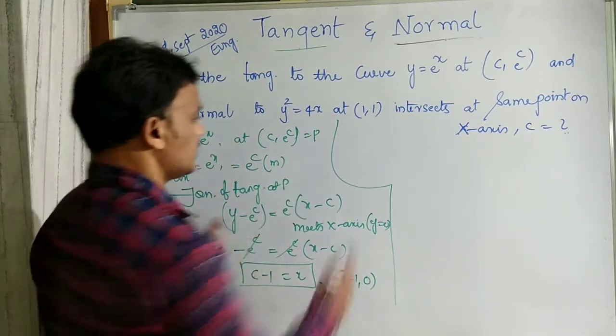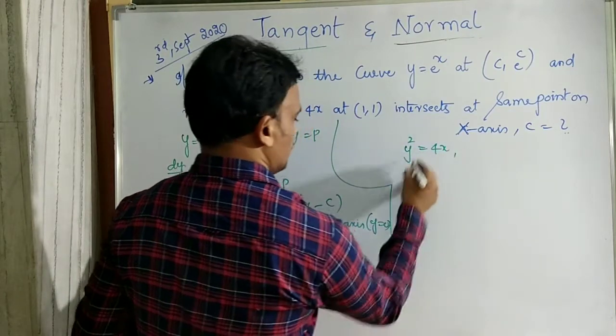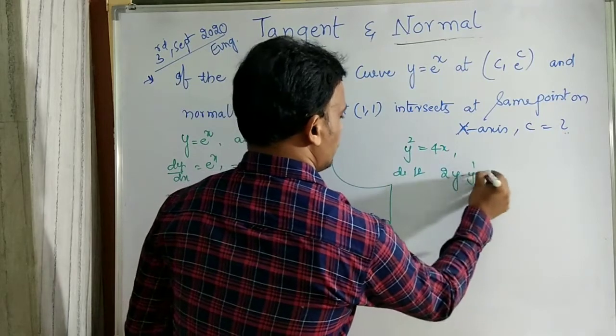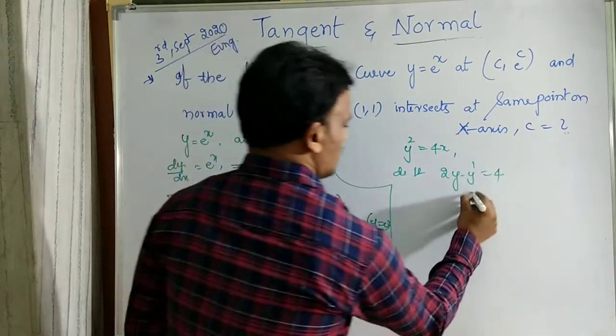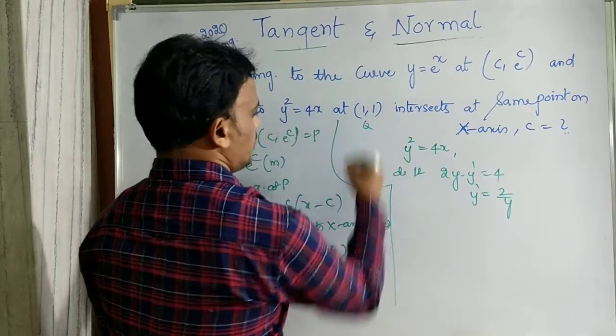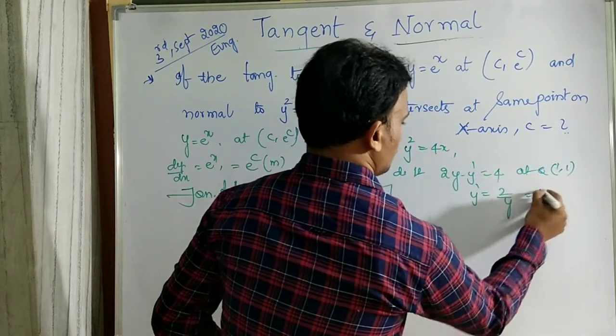Coming to the second curve, y square equals 4x. Differentiating, 2y into y dash equals 4. So y dash equals 2 by y at that particular point Q. At Q, which is 1 comma 1, it is 2.